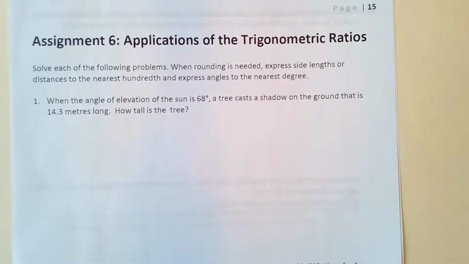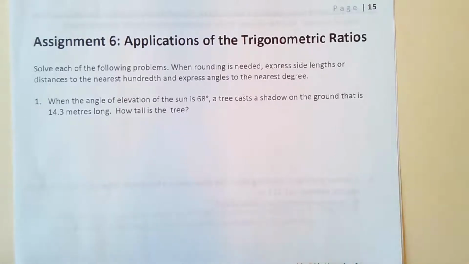So look at question 1. When the angle of elevation of the sun is 68 degrees, a tree casts a shadow on the ground that is 14.3 meters long. How tall is the tree?